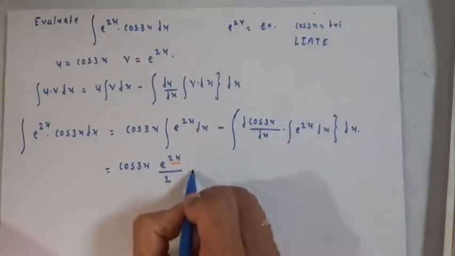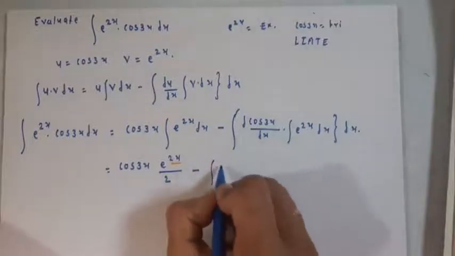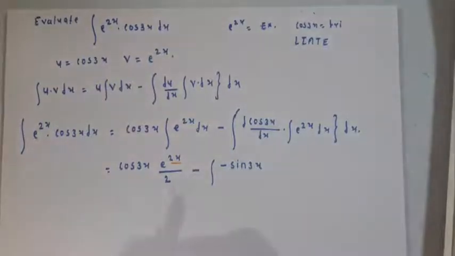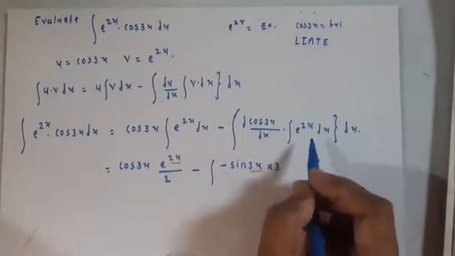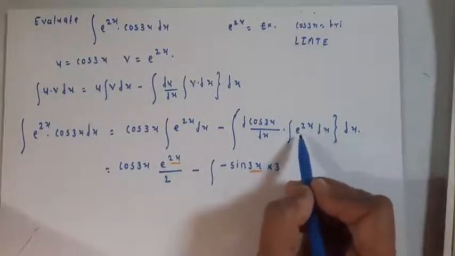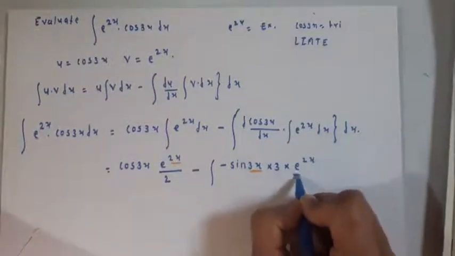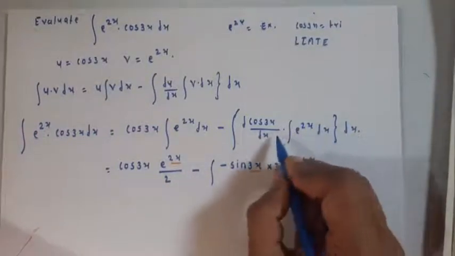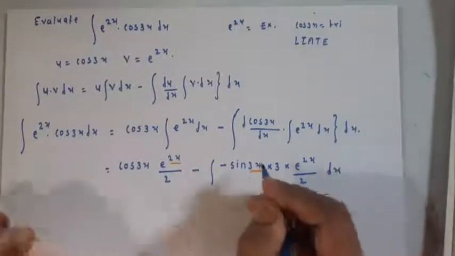Now minus the differentiation of cos of 3x, which is minus sine of 3x into 3, and again the integration of e raised to 2x is e raised to 2x upon 2, because this is integration, and now combined we have to take the multiplication of both.